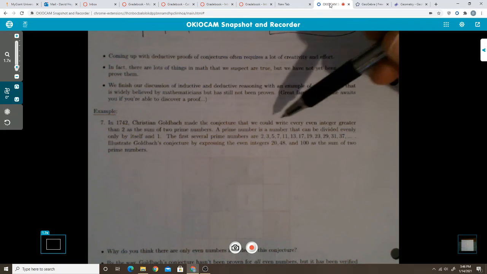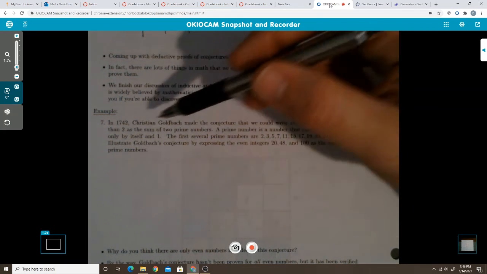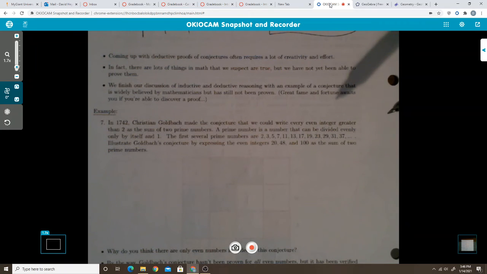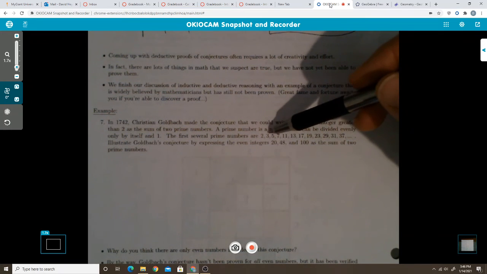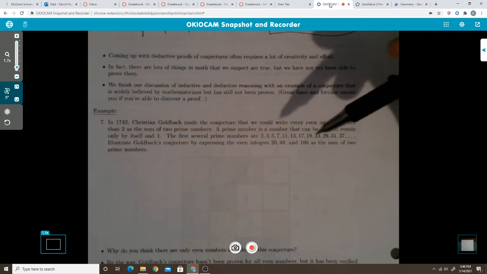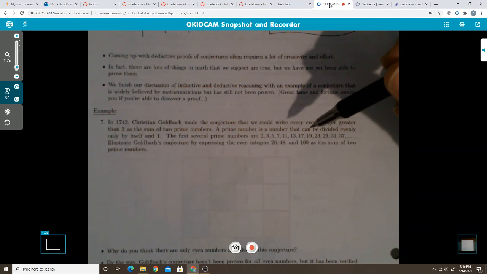A prime number is a number that can be divided evenly only by itself and 1. So if you start thinking about what the prime numbers are, the first one would be 2, right? 2 is divisible only by itself, 2, and by 1. Same thing with 3. 4, on the other hand, is divisible by itself and 1, but it's also divisible by 2.